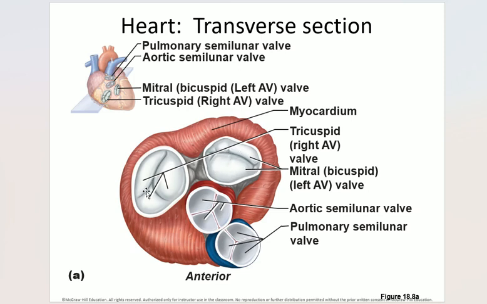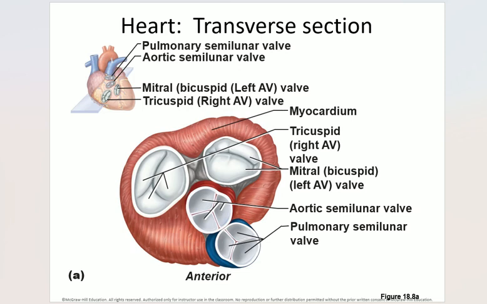So just knowing the difference between your tricuspid valve and your bicuspid valve, bicuspid meaning left, tricuspid meaning right. The way that I remember is tri, T-R-I, are all in right, just in a different configuration. R-I-G-H-T, tricuspid, so right AV valve, and then our bicuspid by proxy is going to be your left AV valve. If you can figure these two out, you can figure the rest of them out, right?